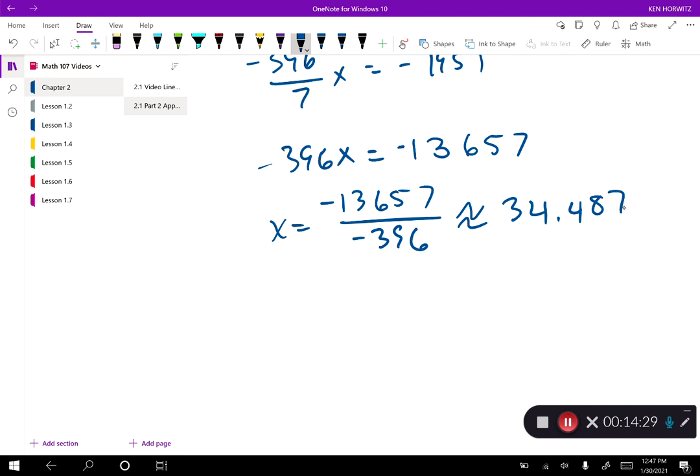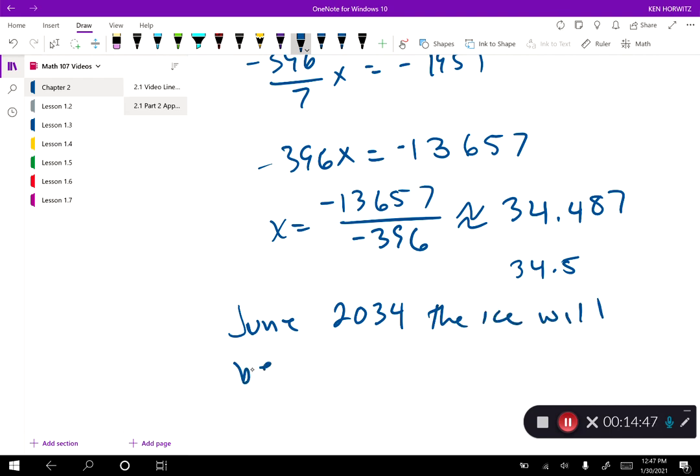We don't really talk about 487 years, so we can say 34.5. So by June of 2034, the ice will be gone.